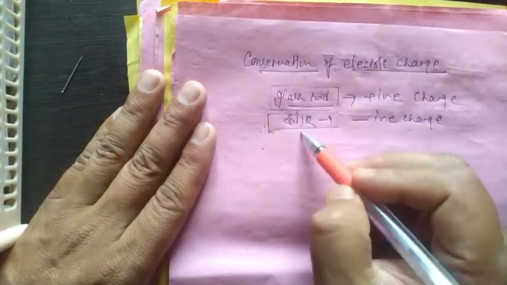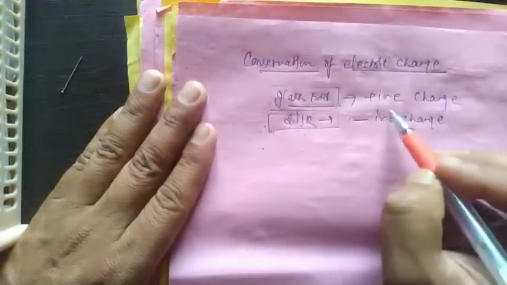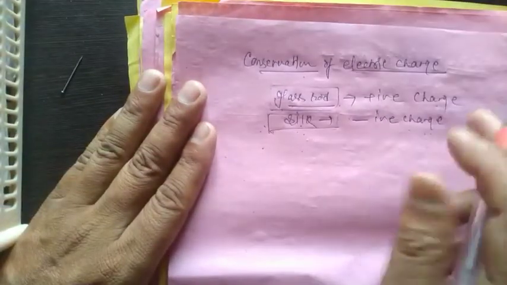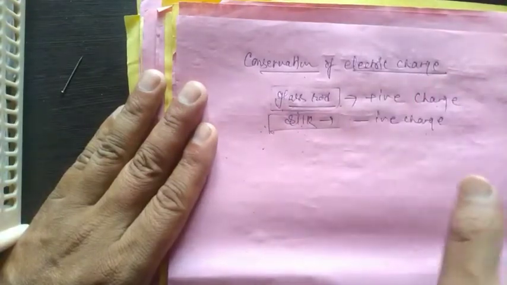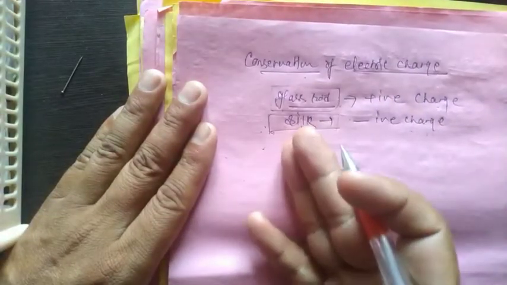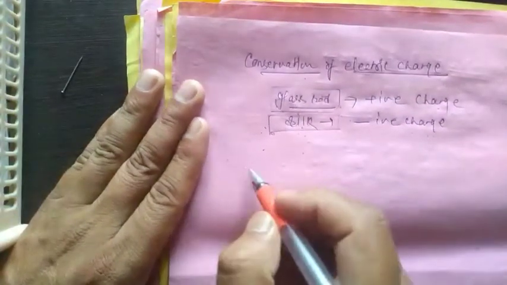But when they come in contact with each other, one has positive charge and the other negative charge, and the total charge is conserved: it is neutral before and after rubbing the glass rod with silk.